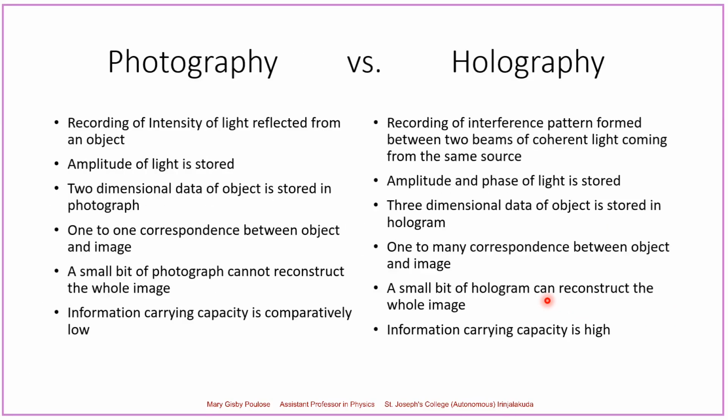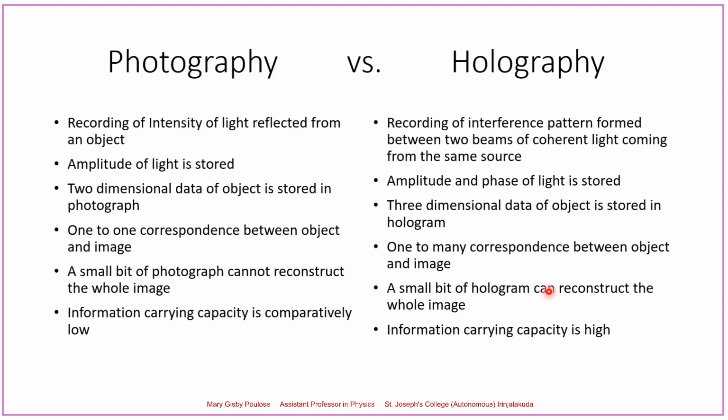Now let us see what is the difference between taking a photograph and taking a hologram. Well, what is photography? It is the recording of the intensity of light reflected from an object, whereas holography is the recording of an interference pattern which is formed between two beams of coherent light coming from the same source.